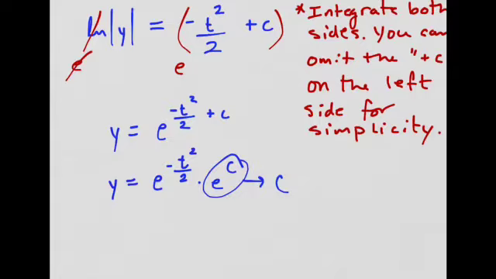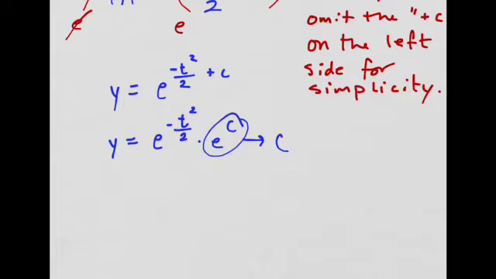So we know that e to the c is not 0, but c here could be 0, but that changes it to 1. So hopefully you understand that e to the c is some constant. So really what I'm going to do is write y equals capital C times e to the negative t squared over 2. I'm hoping that doesn't kill your brain.